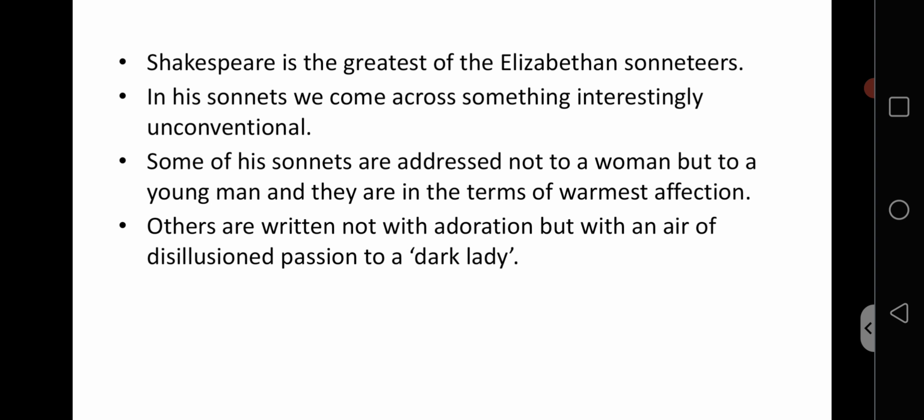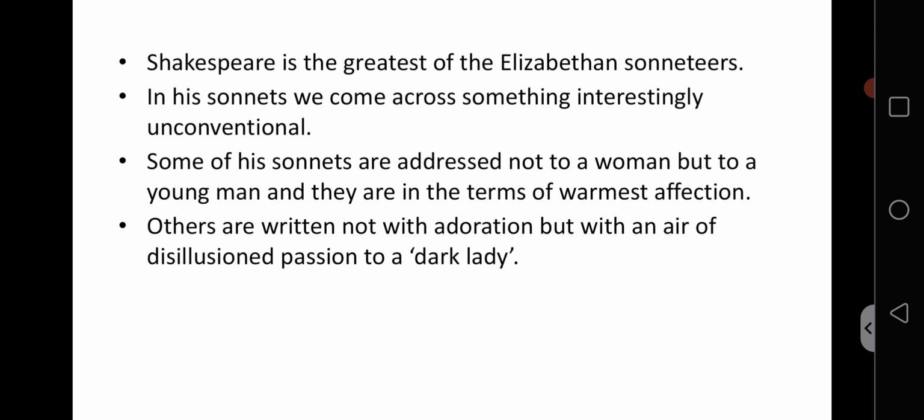affection. So when we look at William Shakespeare's sonnets, he wrote 154 sonnets, and some of his sonnets are not addressed to a woman but they are addressed to a young man, in which we see a lot of affection. Others are written not with adoration but with an air of disillusioned passion to a dark lady.